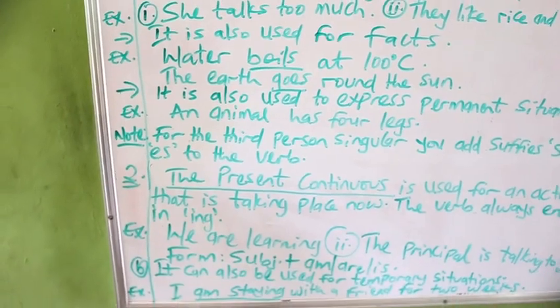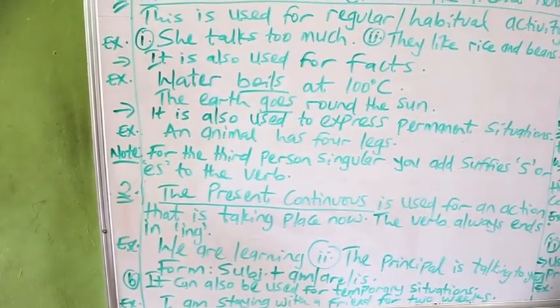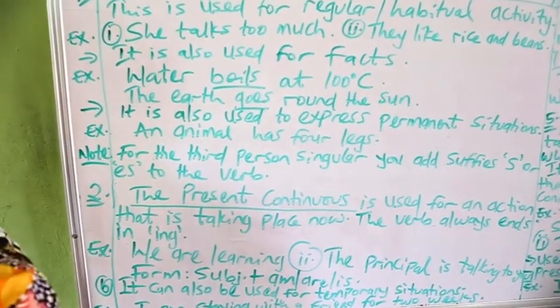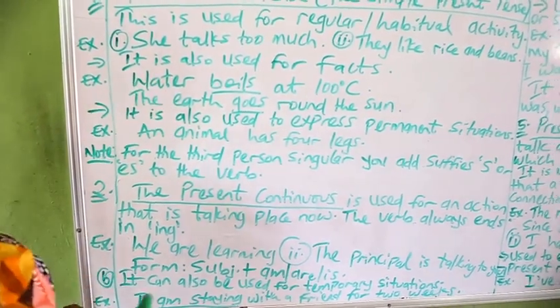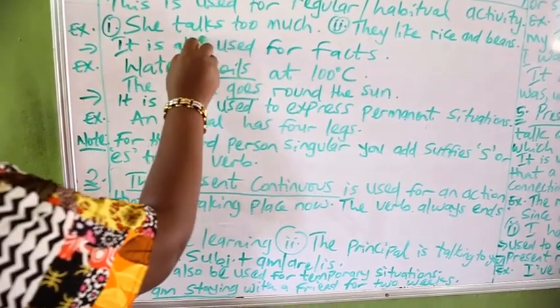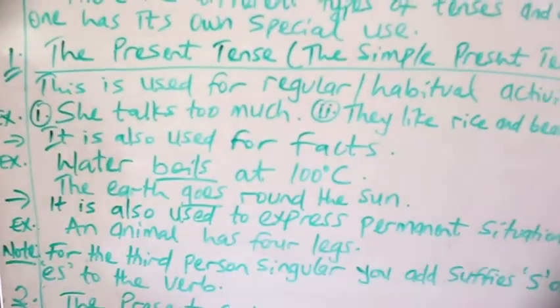So when you are referring to the third person singular, you add the suffix s or es to the verb. That is why we have an example here. Instead of saying she talk too much, we have she talks too much.